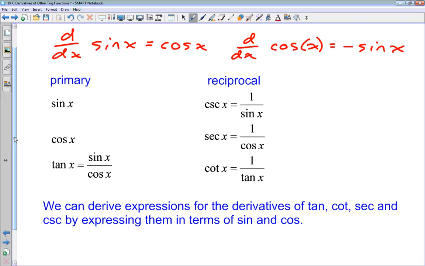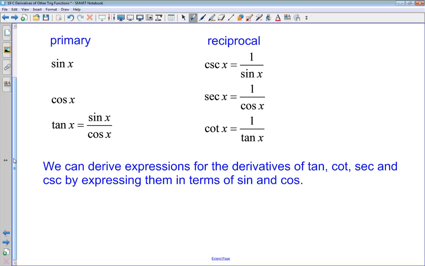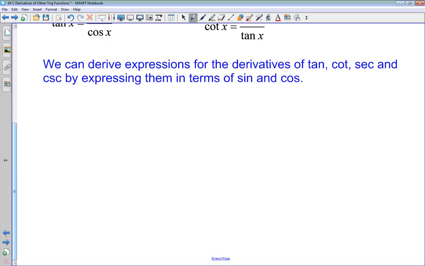So we can derive expressions for these derivatives for all of these things by expressing them in terms of sine and cos. So just to show you how that's done, let's figure out what the derivative rule would be for the tan function, assuming we didn't want to just look it up somewhere.